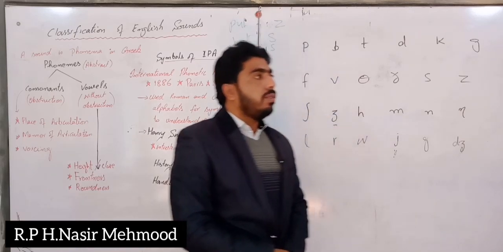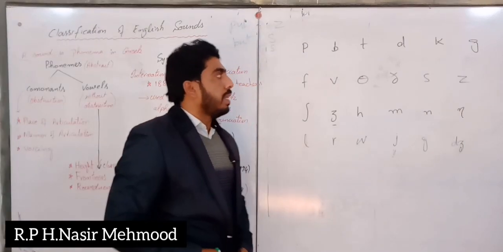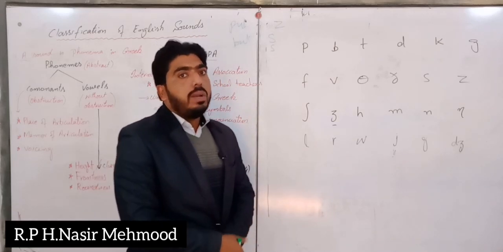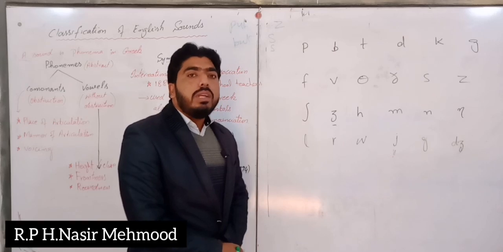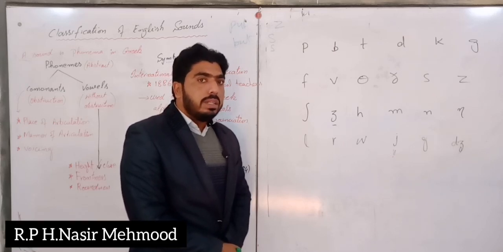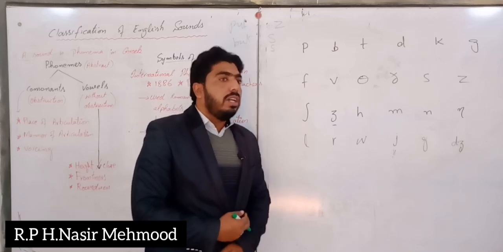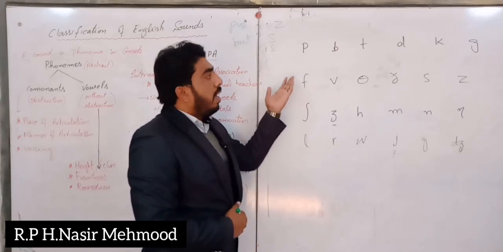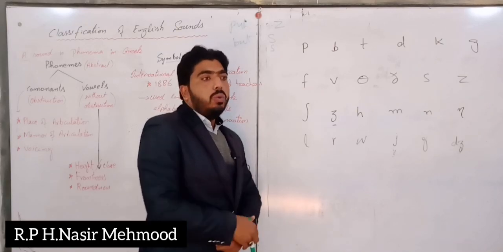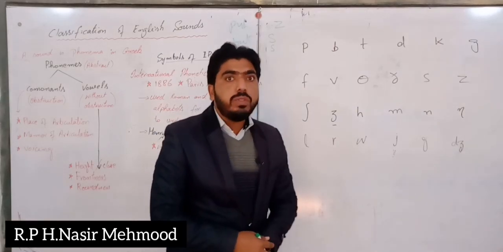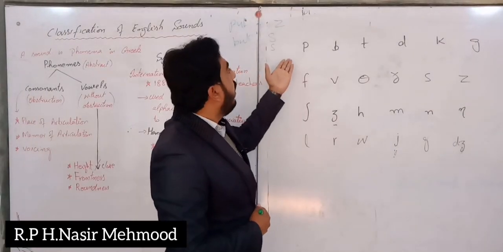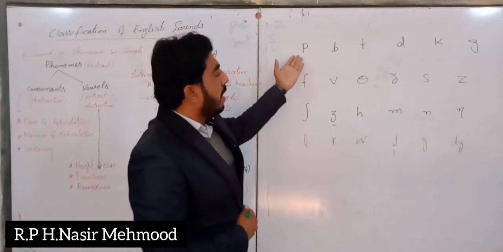All right. In this video, I'll only try to pronounce consonants, and later on we will see the place of articulation, manner of articulation, and whether these sounds are voiced or unvoiced. These are very interesting. Every student of English who wants to improve pronunciation can learn these sounds and perform better.